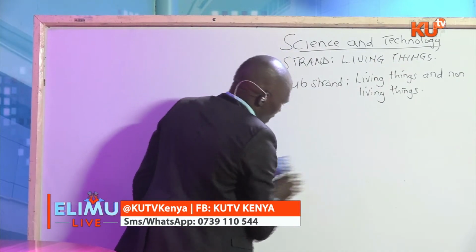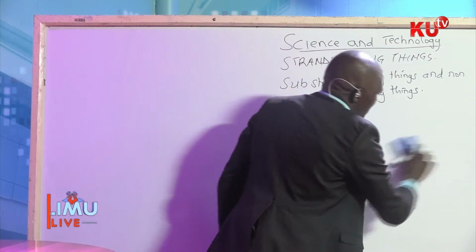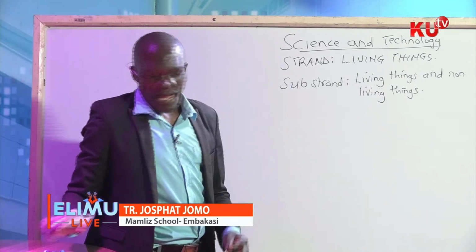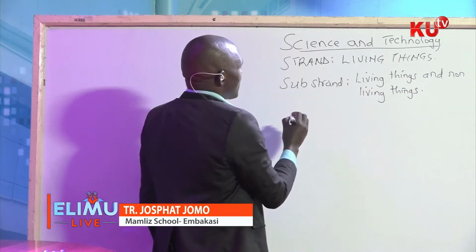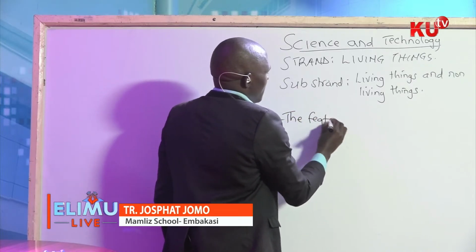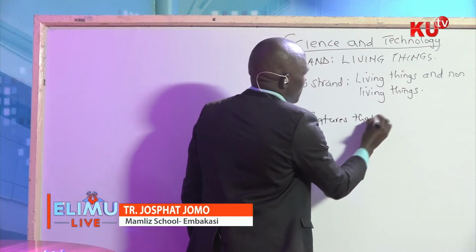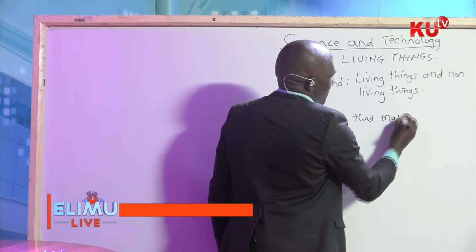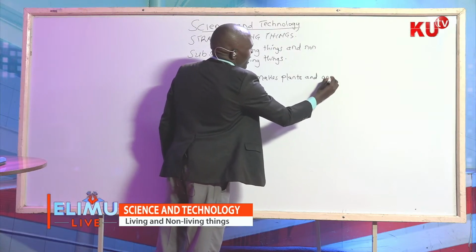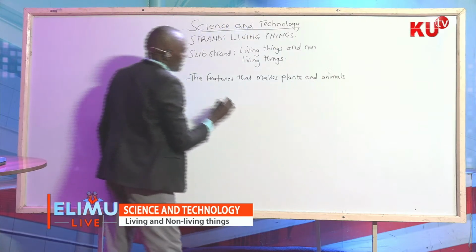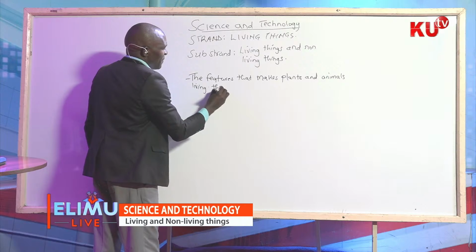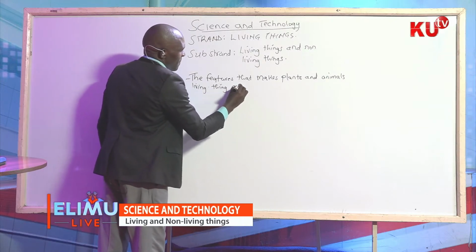They have what makes them to be called living things, and also non-living things have what makes them to be called non-living things. Like, for example, we have the features that make plants and animals living things.